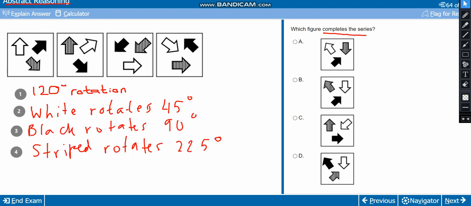Now, that's the more convoluted way of getting through this question, actually working out what each arrow rotates by and figuring it out by its given angle.